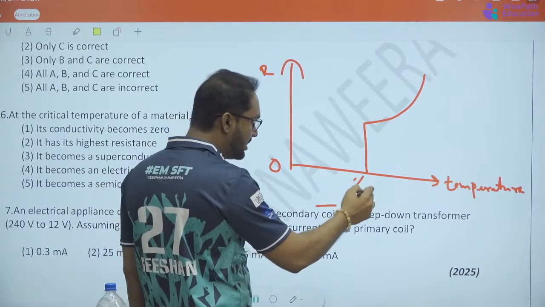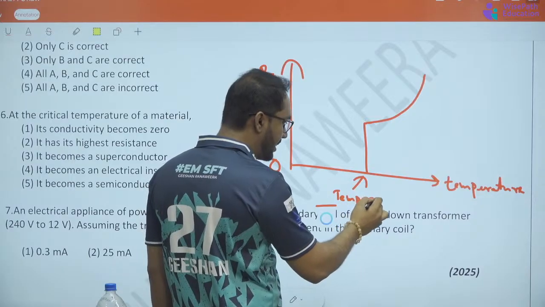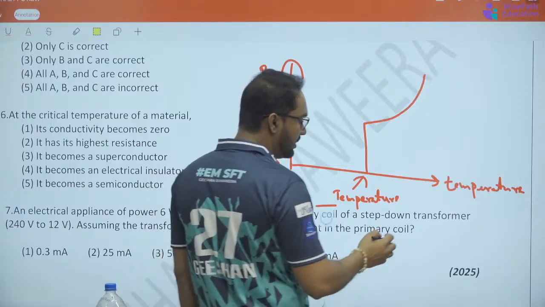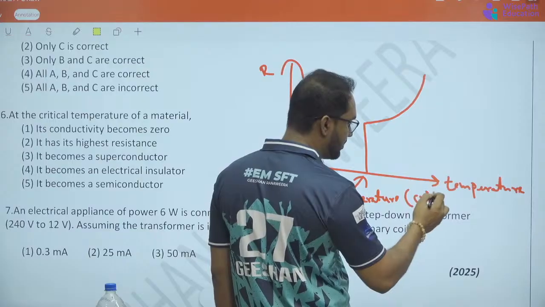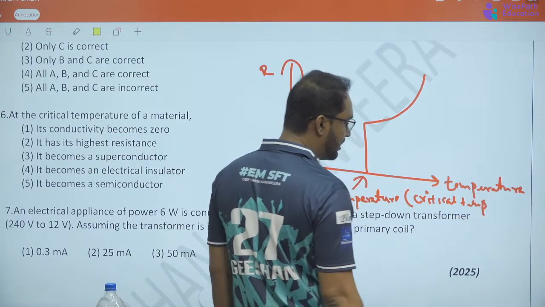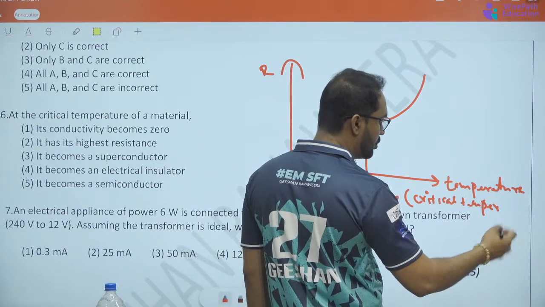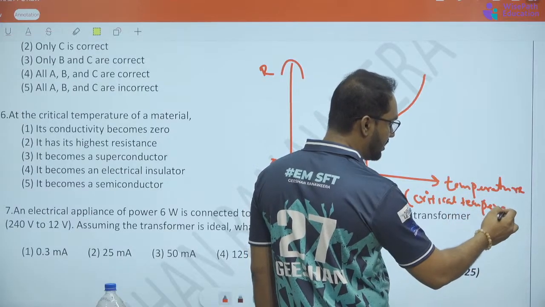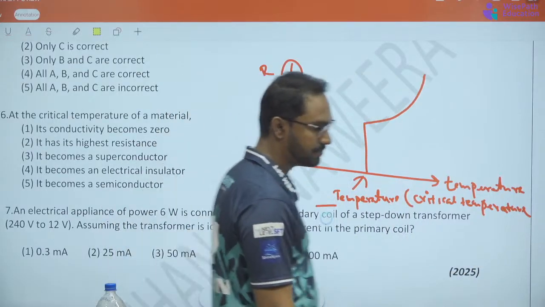That temperature is called the critical temperature. And at the critical temperature, the conductor becomes a superconductor because it has zero resistance, right?